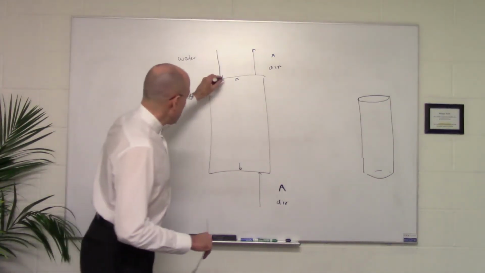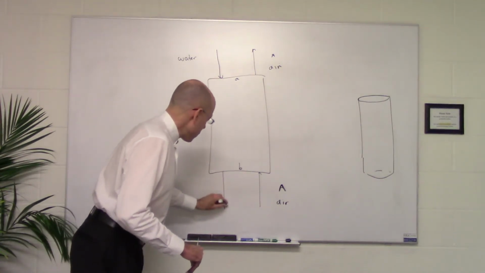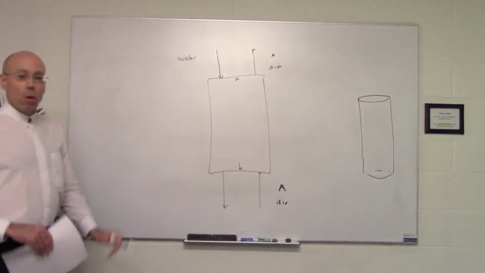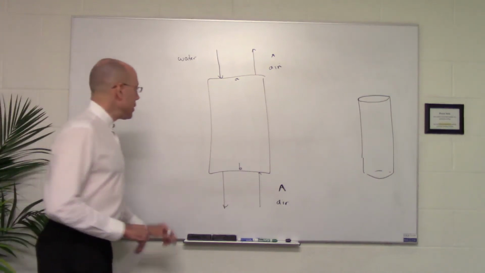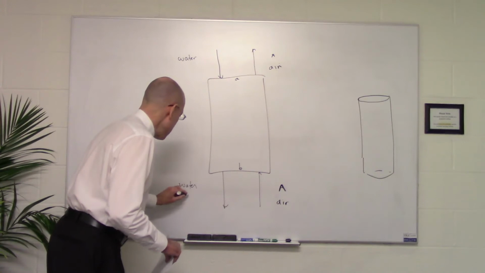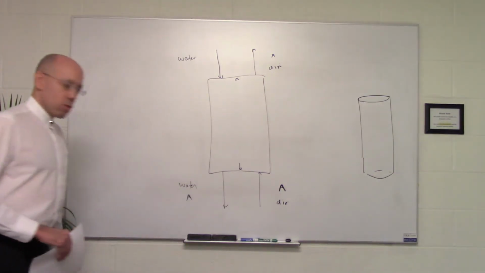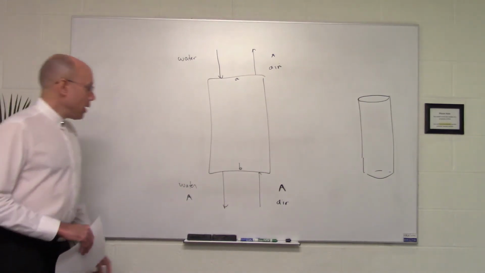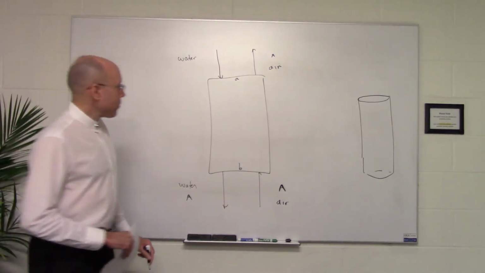But by the time it has flowed down the tower, we would like the water to have picked up or absorbed a lot of the ammonia, so that we'll have whatever water was here, but with a significant amount of ammonia. So this water did our absorption or scrubbing. It picked up some of the ammonia.